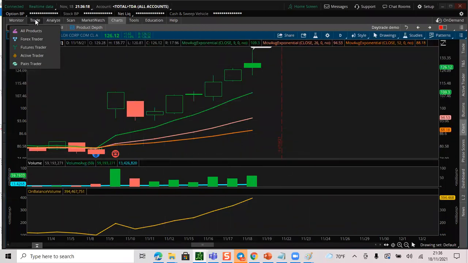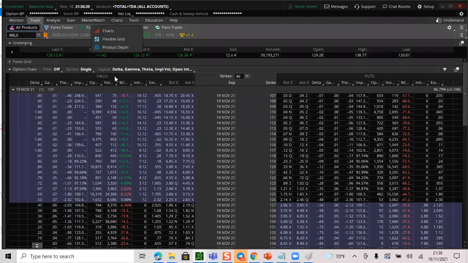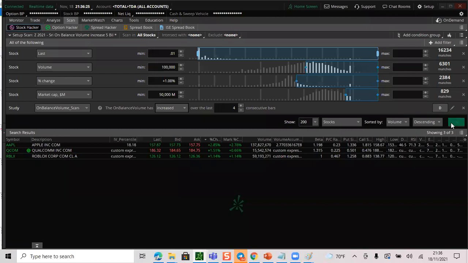So I just wanted to find a stock where people keep buying, and you can also do some of this strategy. This is called an on-balance volume scan. Okay, so you can identify. So let's do it for a penny stock.